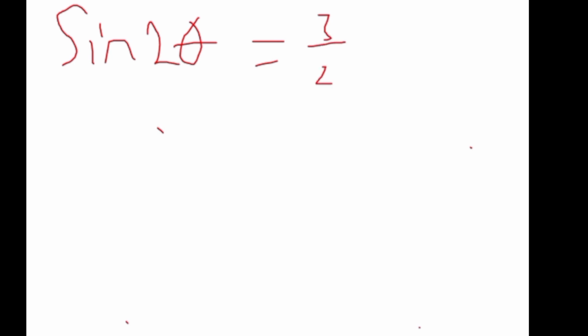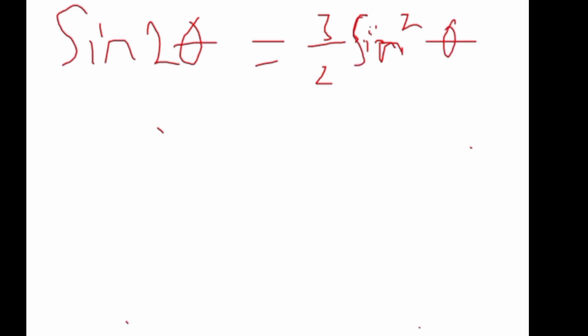So we have that sine 2 theta is equal to 3 over 2 sine squared theta.